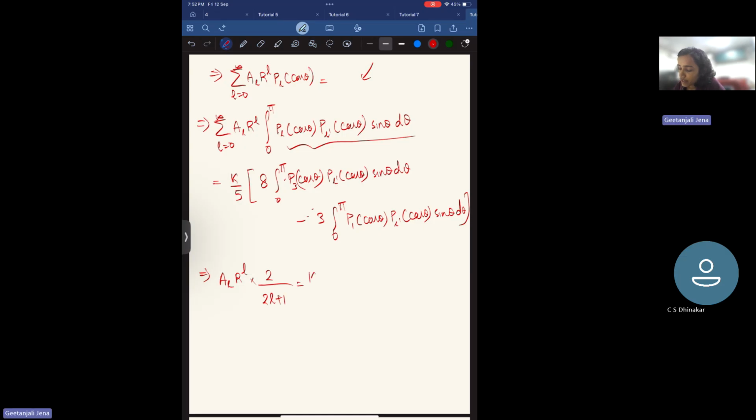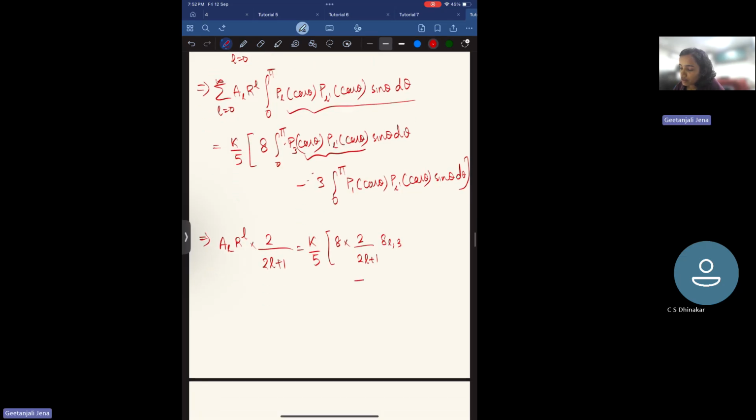And in the right hand side, we have K/5 times 8, and this integration only gives a non-zero value when L prime is 3. So that is why this is 2/(2L+1) δ_L3. And the second term is minus 3 times 2/(2L+1) δ_L1.